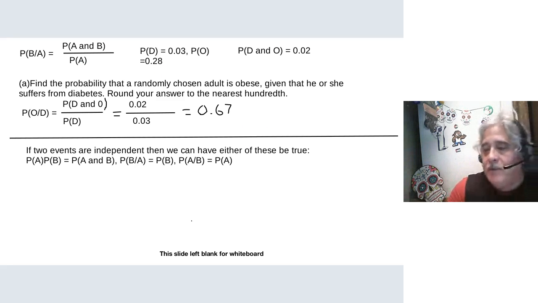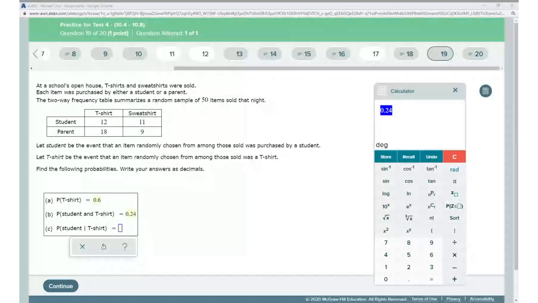But the and goes on the top, and then the other one goes on the bottom. So this one's going in the numerator, and then the denominator is the 0.6, the t-shirt. See, because it's saying given t-shirt. So when you say that, what follows given is what goes on the bottom.